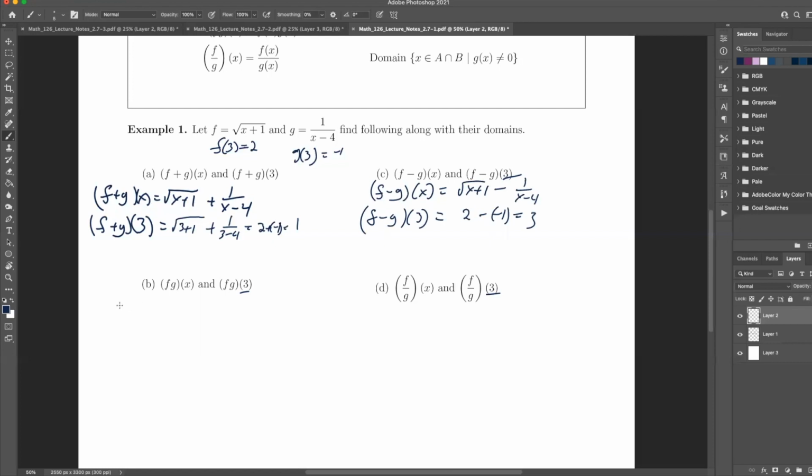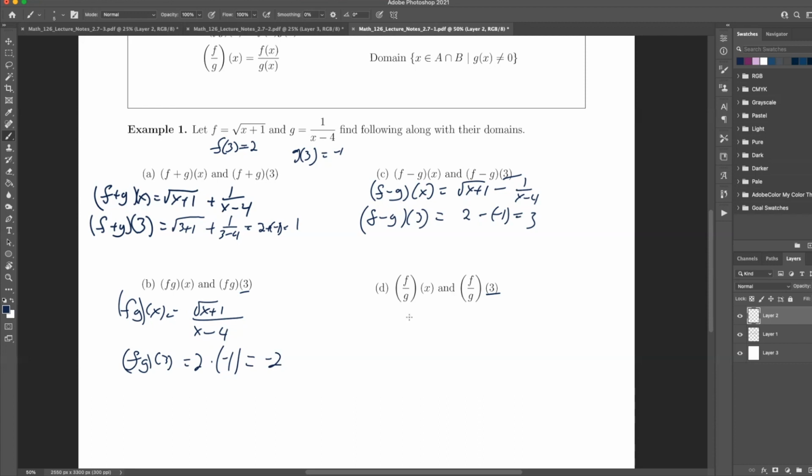Same thing for f times g of x: I take the square root of x plus 1 and multiply by 1 over x minus 4, so it just ends up looking like this. Then I could plug 3 in here, which is a valid option. But since I already know my values, it's 2 times negative 1, so this is minus 2. Notice if we plugged it in here, we'd get the square root of 4, so 2 over negative 1. It will give us the same answer.